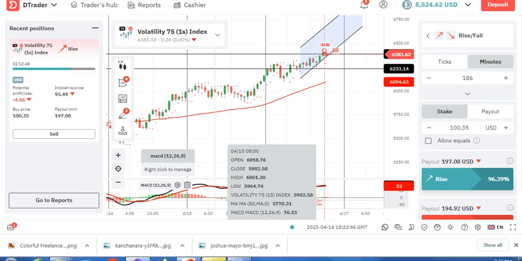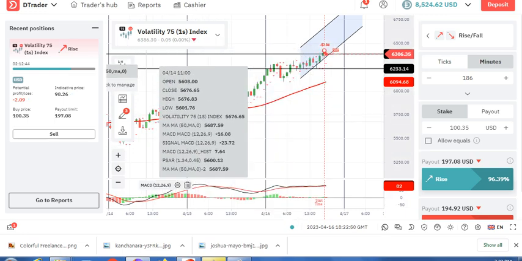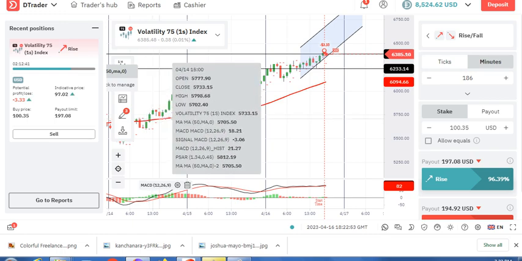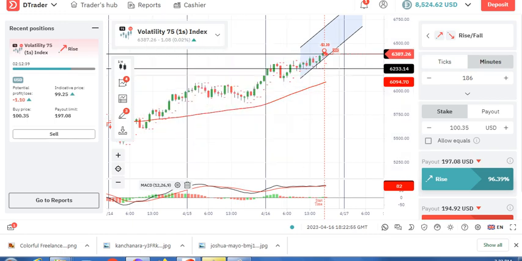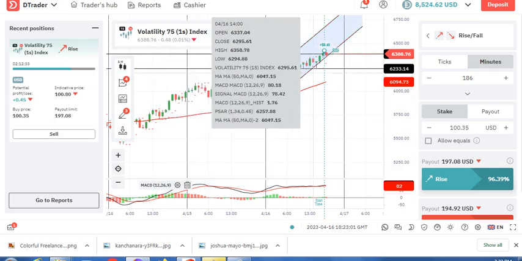Then another thing I want to expose to you here is this. You can see this moving average from this particular angle. You can see the level it has moved to, a very long distance, from here to this particular place.